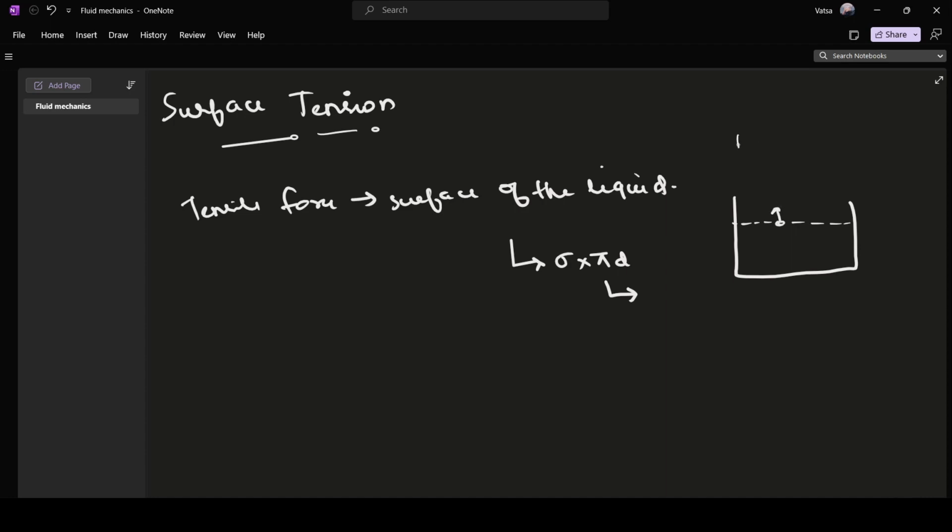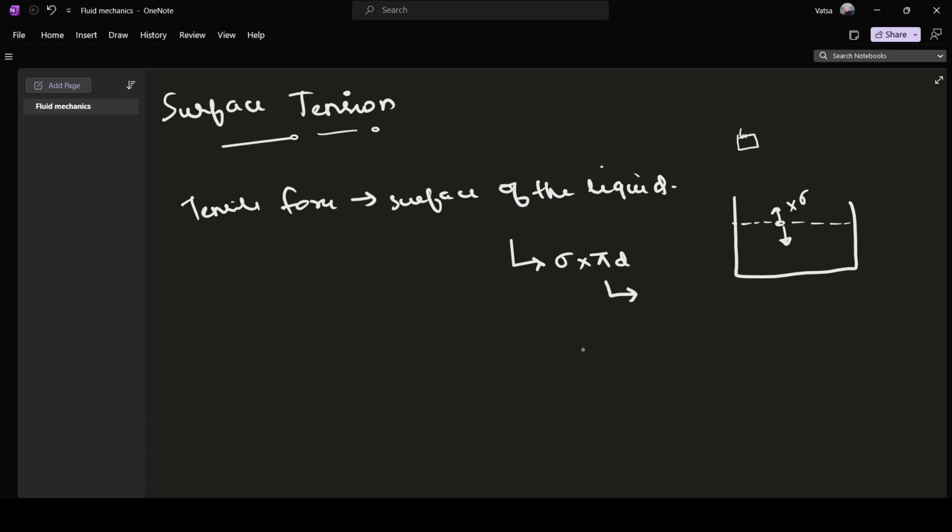It will contract to the smallest area possible which can retain the liquid. So we get the surface circumference into its stress. Psi is stress. So that is the formula.